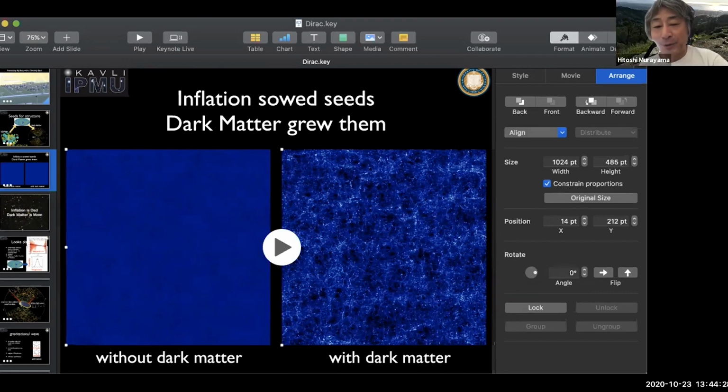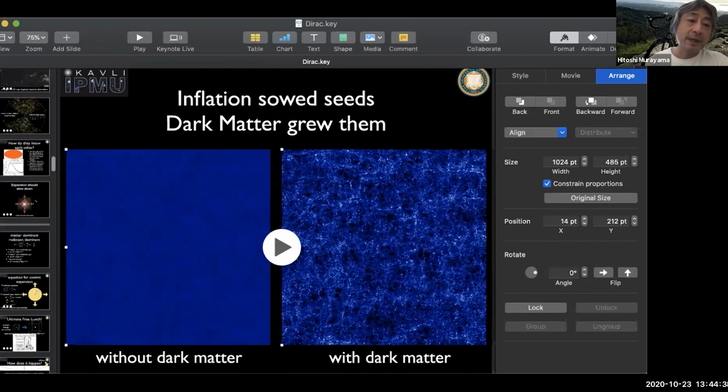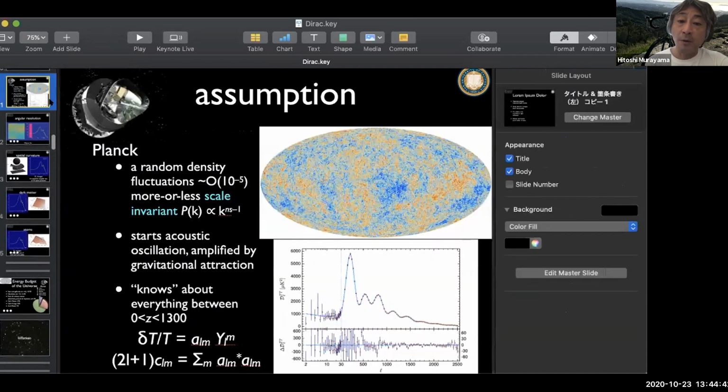Again, I'm not an expert on that kind of modified gravity theories, collectively called, but the fact that you can have this incredibly good fit of the CMB power spectrum using the current cosmological model, that this is actually a fit to the data using the theoretical model, suggests that the laws of physics we are using to do this fit, namely general relativity, seem to be correct. And of course, this is not a proof of GR.